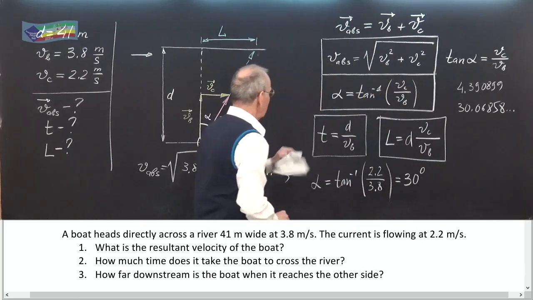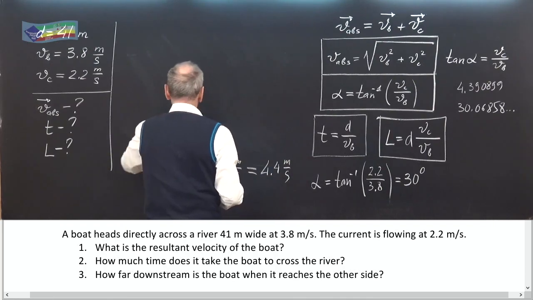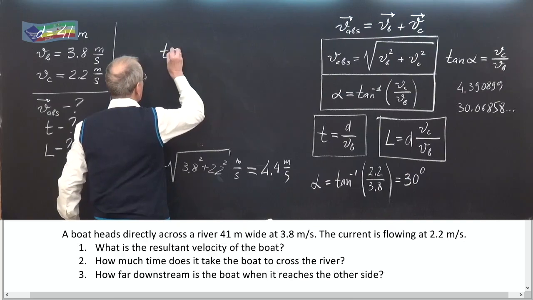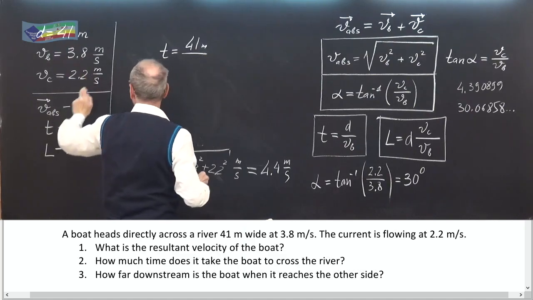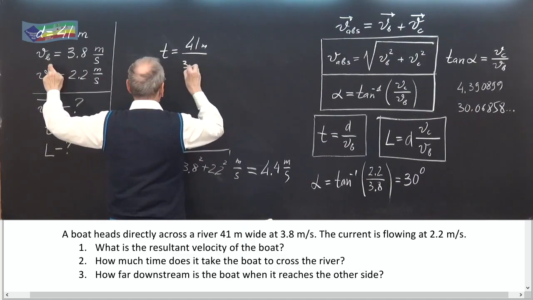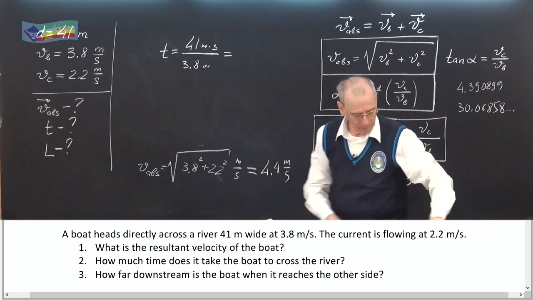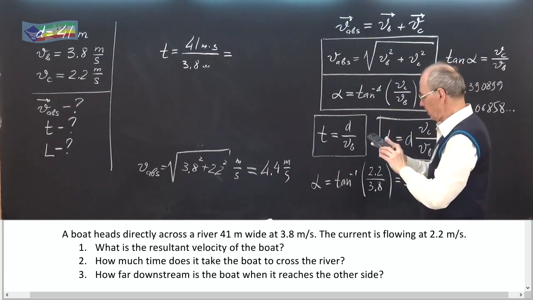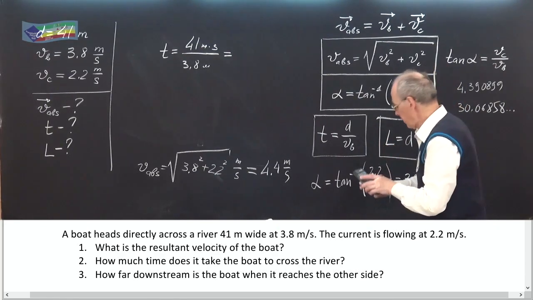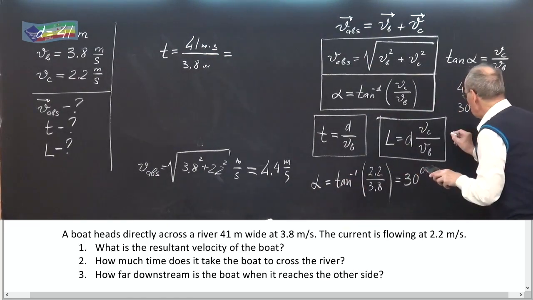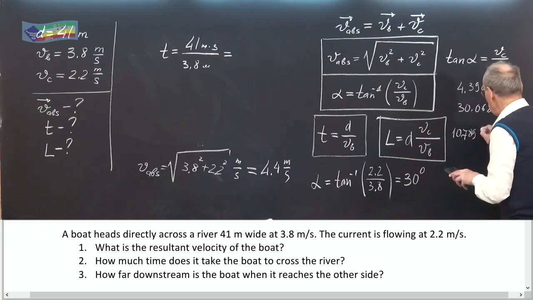The next, time t. T equals 41 meters divided by 3.8 meters per second. 41 over 3.8 gives 10.78947.